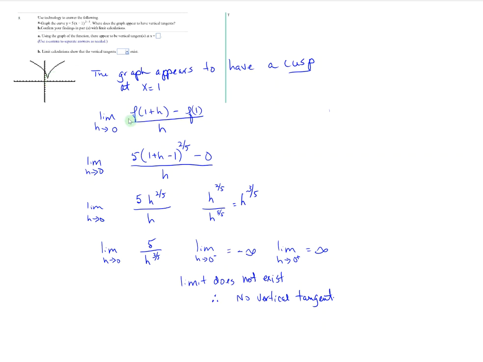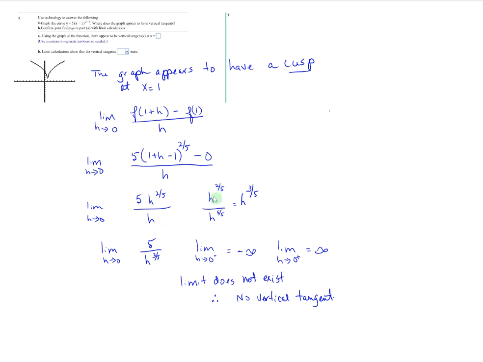So if we take the limit as h approaches 0 of f of 1 plus h minus f of 1 all over h, we're going to have 5h to the 2/5, these ones canceled out, over h, and that was minus 0.